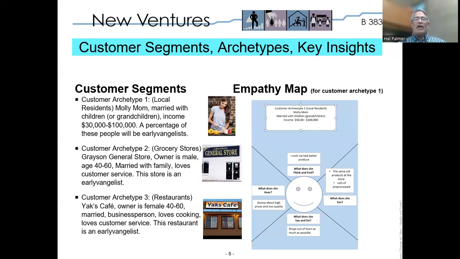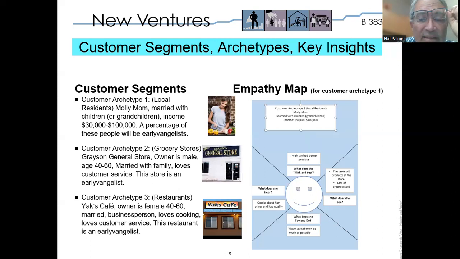So we have an empathy map as well here, and I can hardly read it from here. It's so small. But an empathy map is what does the customer see? What do they think and feel?